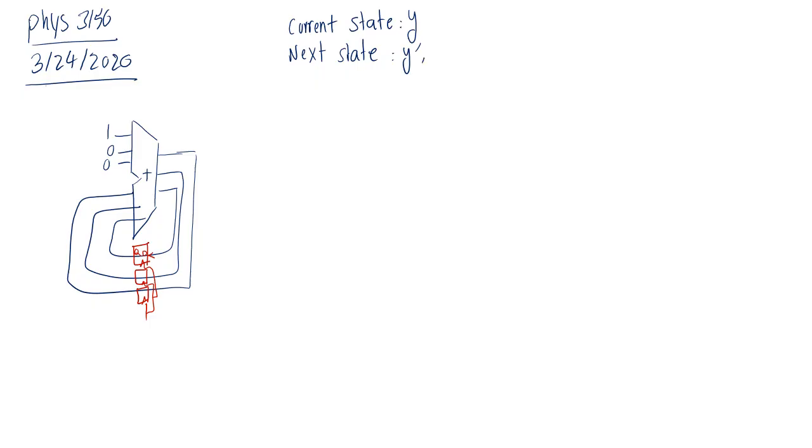I've seen people using Y asterisk, people using capital Y. You can use whatever you want, just different from the current state. And I'm definitely going to have some input into this system. We're going to talk about that input and how it comes into the picture. So I'm going to call that W, and I'm going to have some output, which I'm going to call Z.